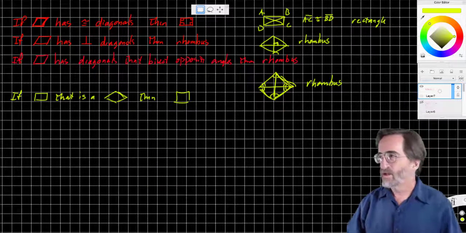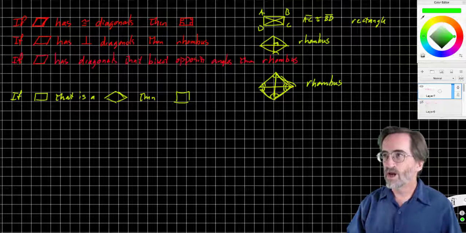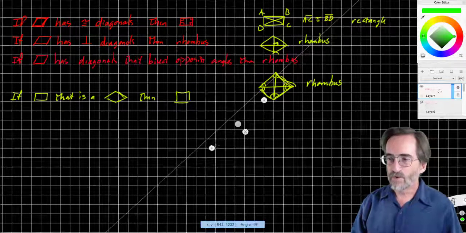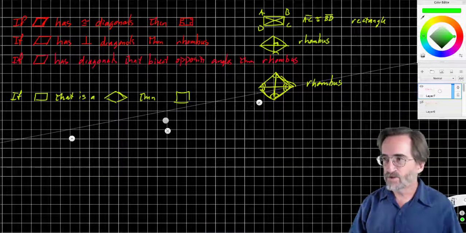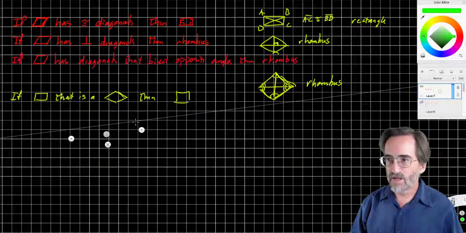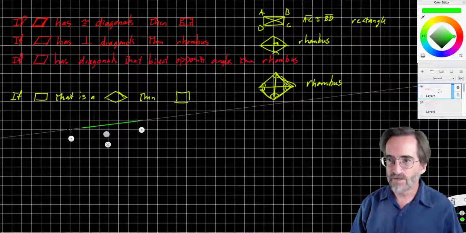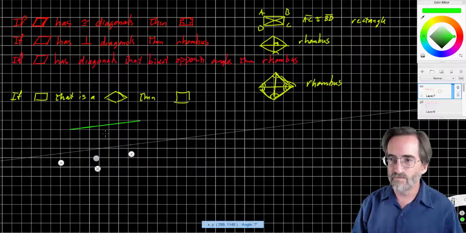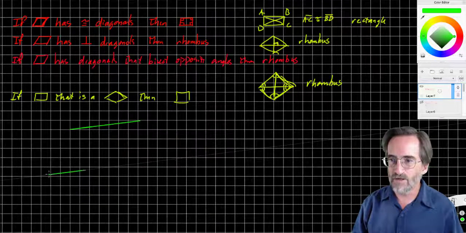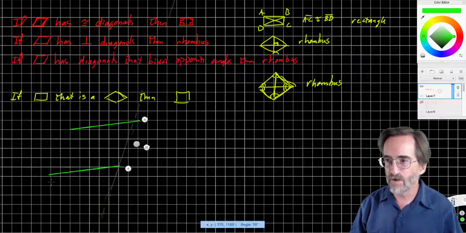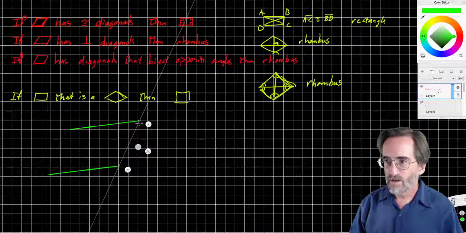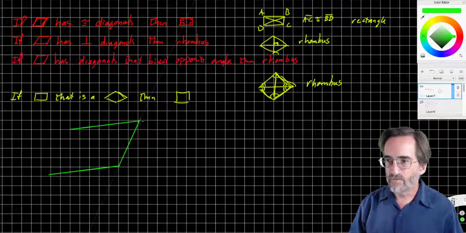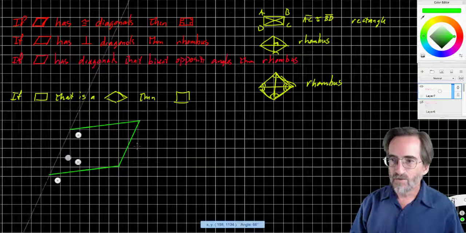I'm going to draw a scenario, and I'm not going to draw it accurately or to scale. I'm purposely going to mislead you, but I'm going to give you some facts about it. We're told it's a parallelogram. We know it's a parallelogram. And we tell you this.